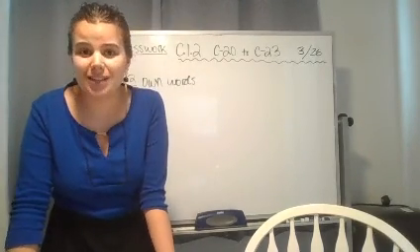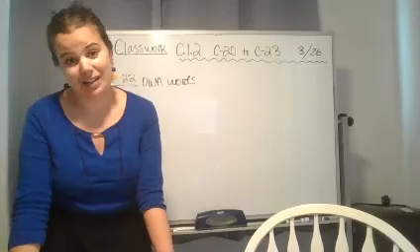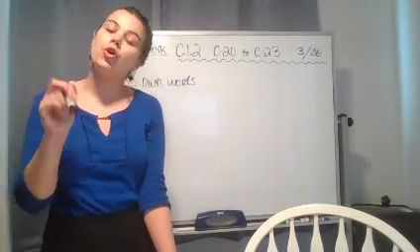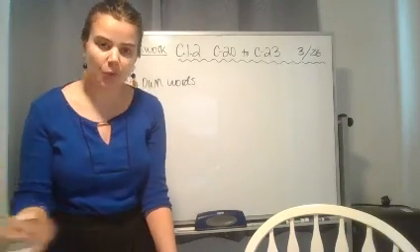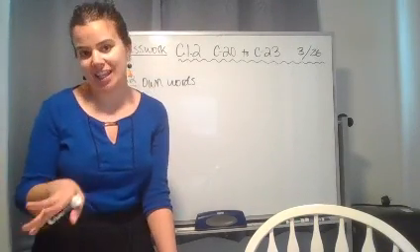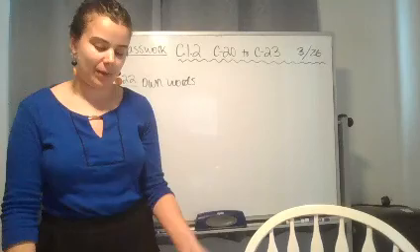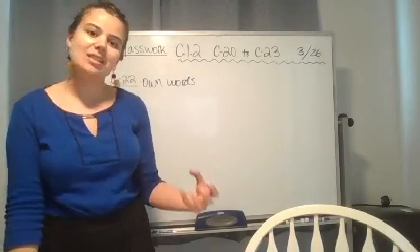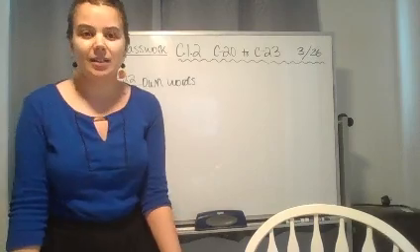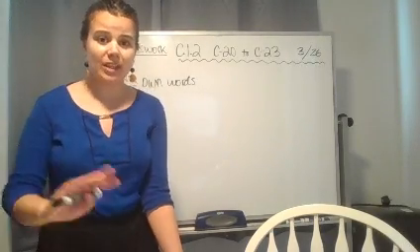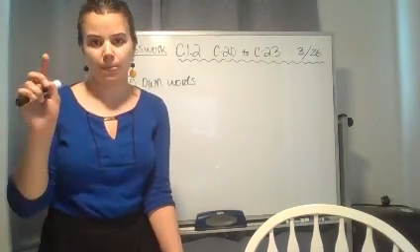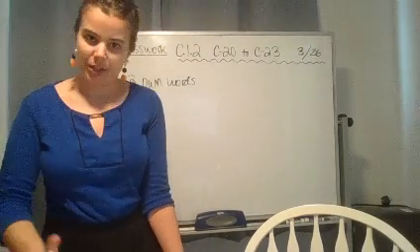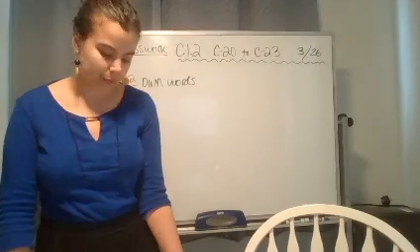The one thing I would say is that when you are done making said histogram, please make sure that you turn your stat plot off if you want to use it again for not stat things. That's a big problem at the beginning of the year. A lot of people's calculators were in stat mode and you're like, why isn't it graphing things? Because once you're done with histograms and everything, you want to go to stat plot and turn it off in the same way that you turned it on in the tutorial.